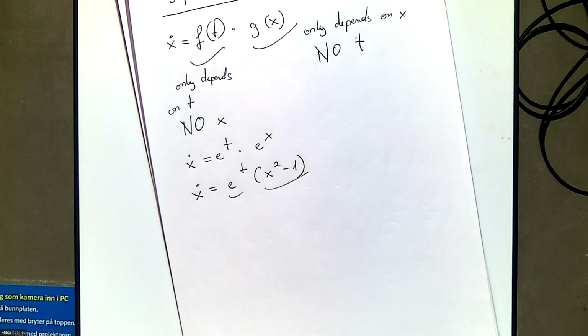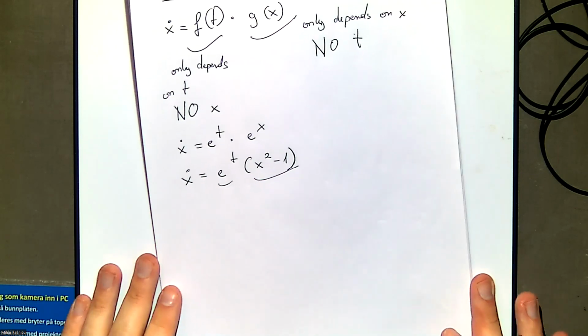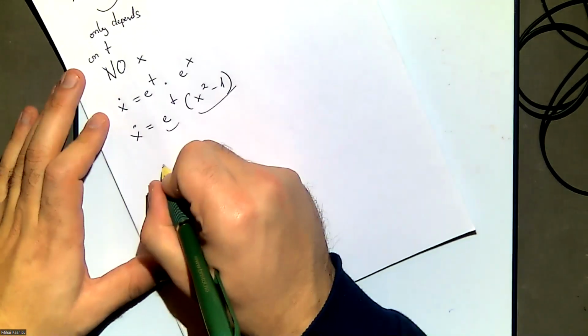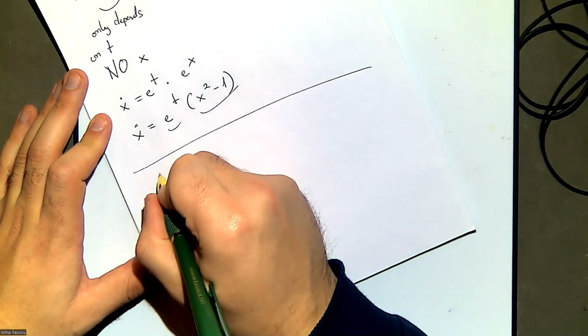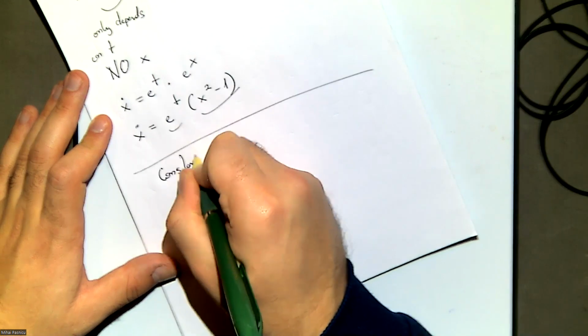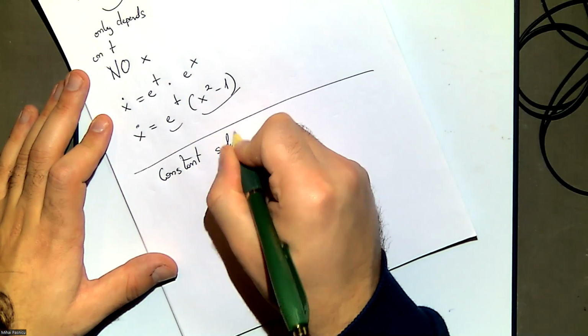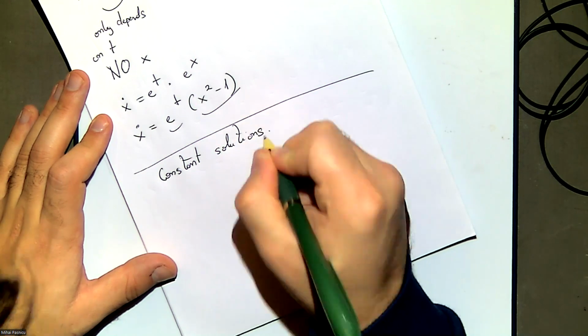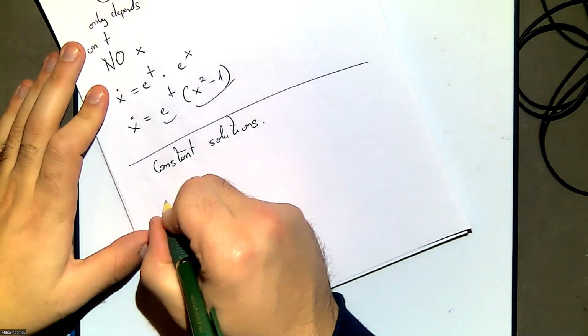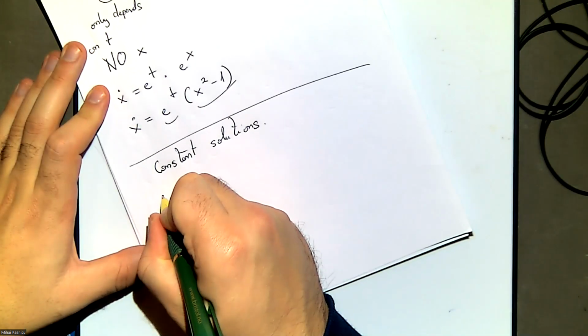Now, we're going to have what's called a constant solution in this case. So this only is for the separable constant solution. The idea is, let's actually take this example over here.